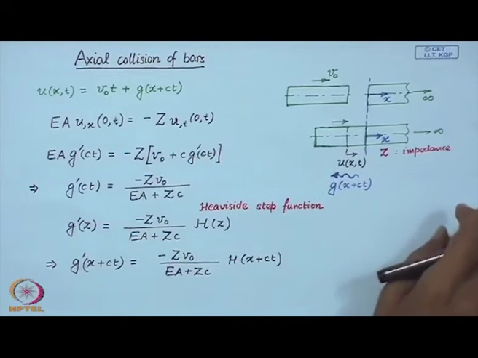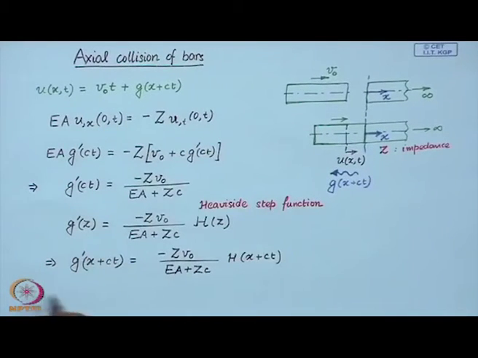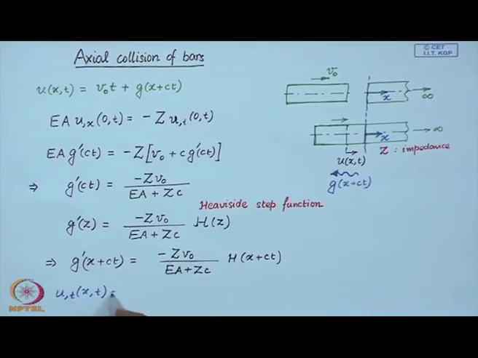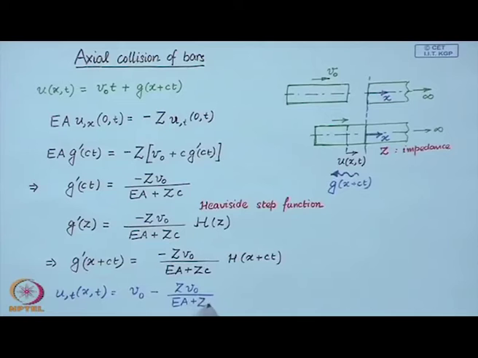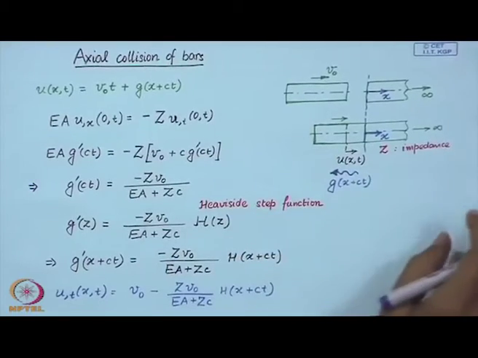One can write down the velocity of the bar at any point, so that is the velocity wave that propagates in the bar in the negative x direction.